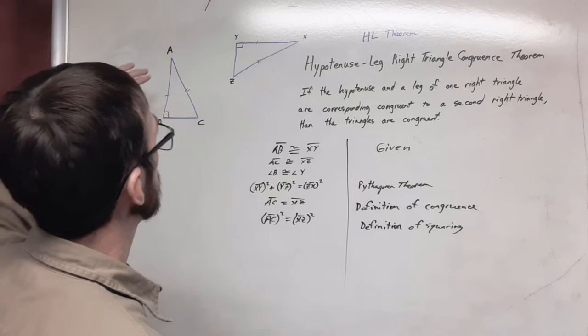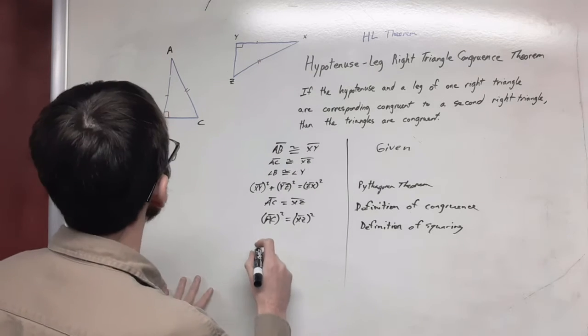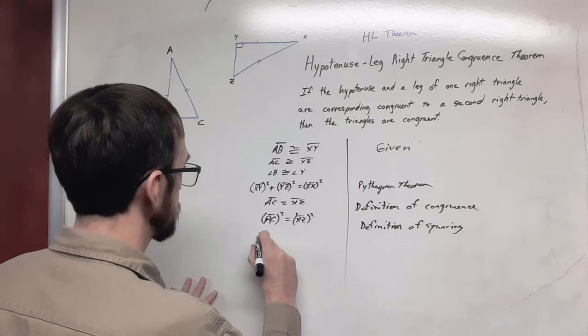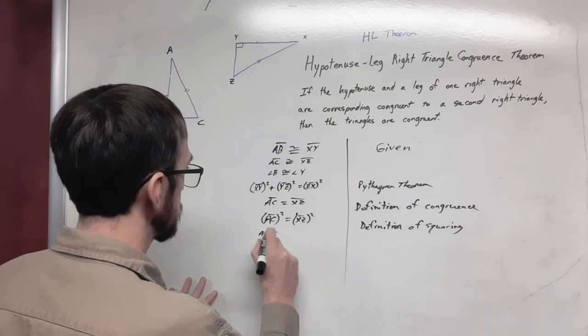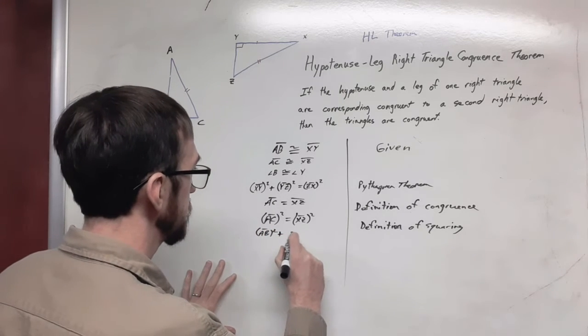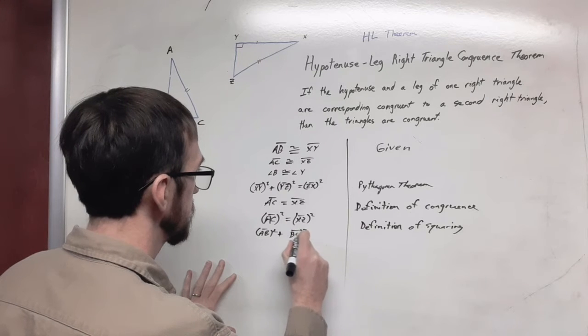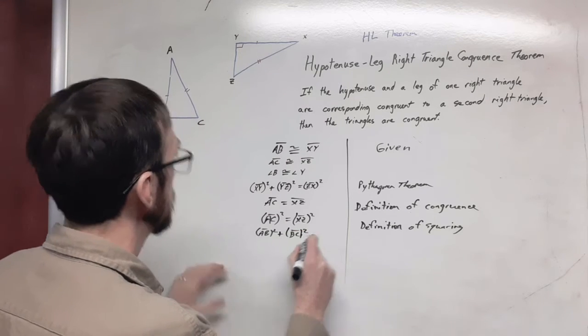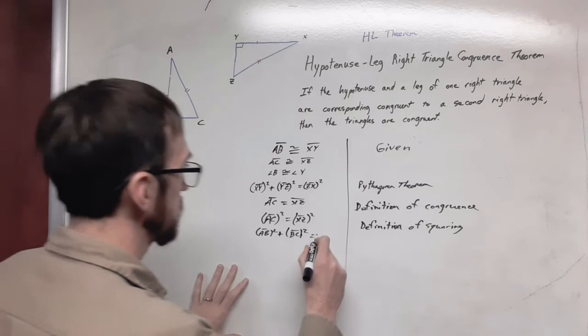So I'm going to set up AB squared, and I'm going to add it to BC squared. And that's going to equal AC squared.